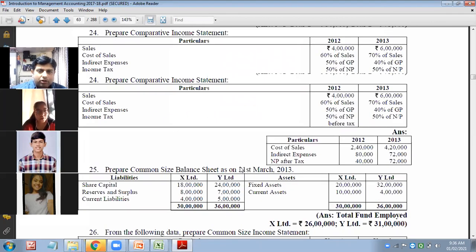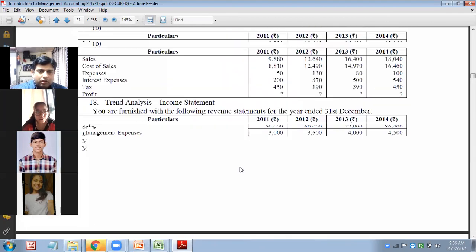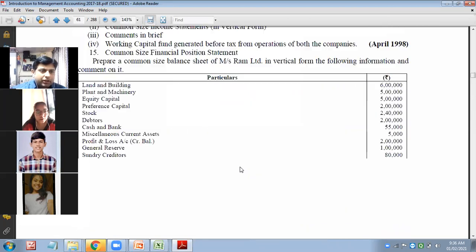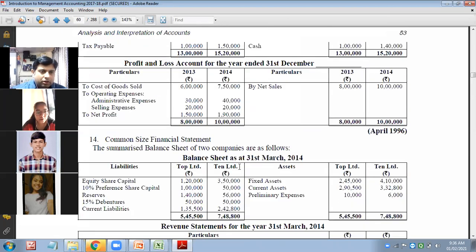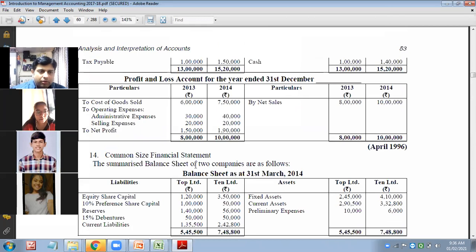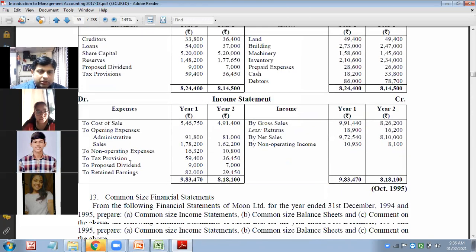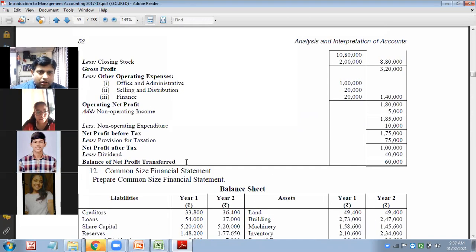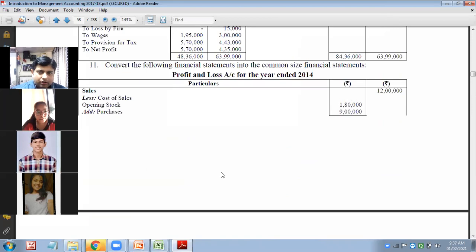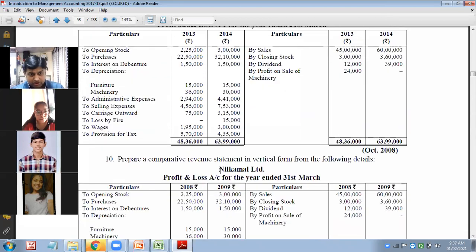So these are unsolved questions. Comparative, common size. Do it. Make the common size financial statement. Common size. Common size. So start doing.